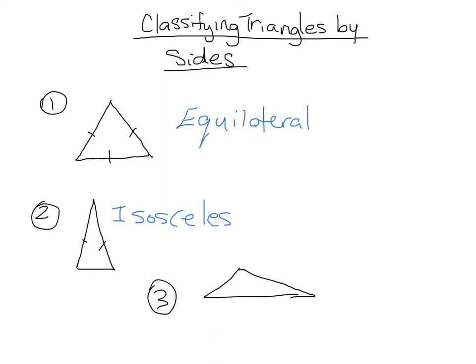So think about that for a moment. Now our third triangle has three different sides. So if one side has a certain length, the other side has a completely different length, and the third side has a different length from those two sides. That type of triangle is called a scalene. Alright, so now we know how to classify our triangles by the angles and by the sides. And that's it for today.